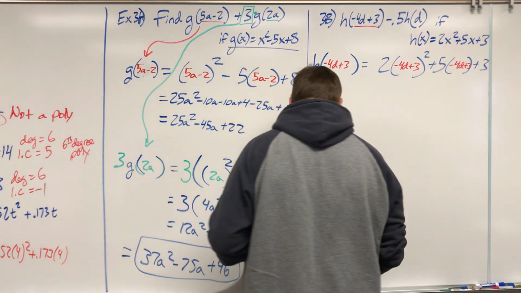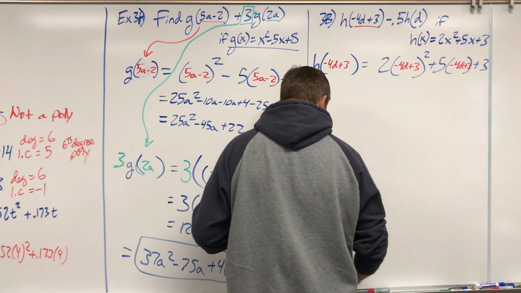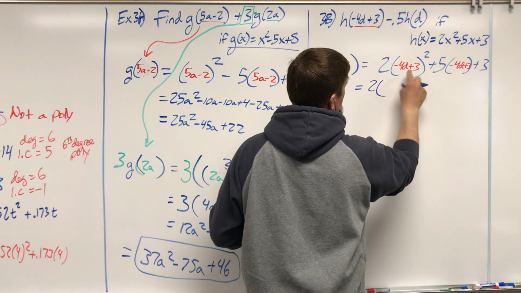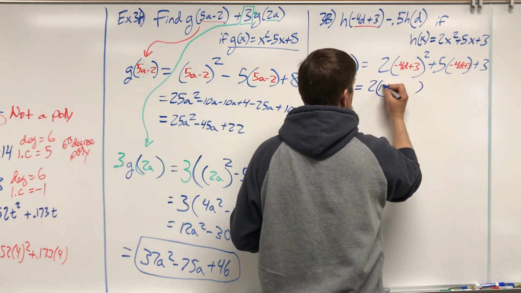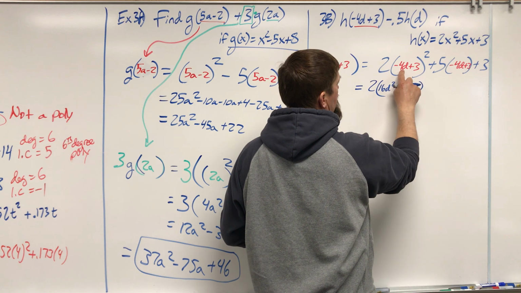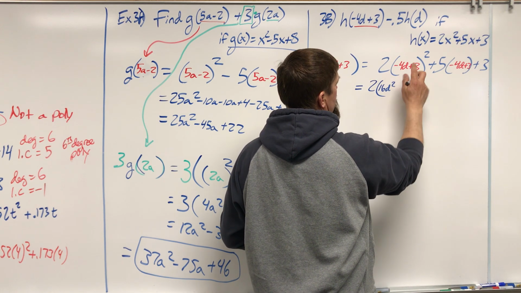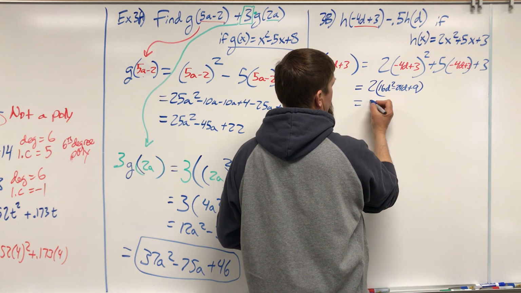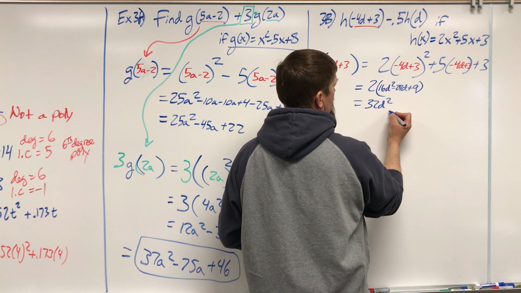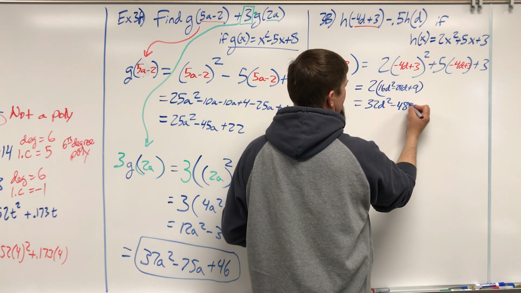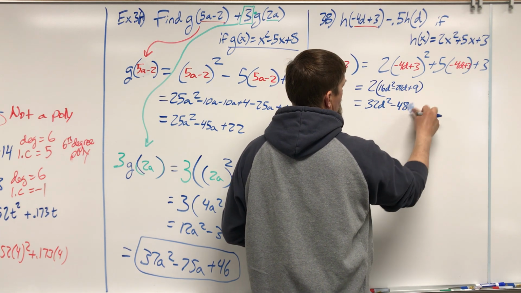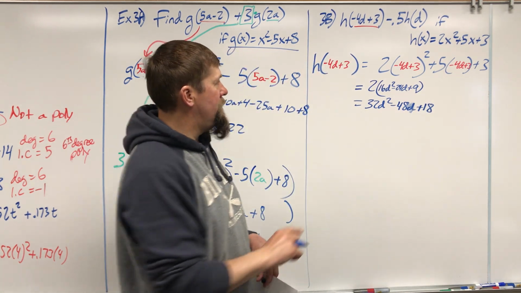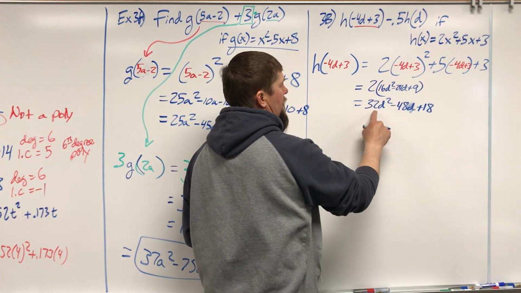First of all, I need to take 2 times, and then I have to FOIL that, which is 16d squared minus 4d times 3 twice, which is minus 24d plus 9, which ends up to be 32d squared minus 48d plus 18. So I ended up squaring it first and then multiplying it times 2.